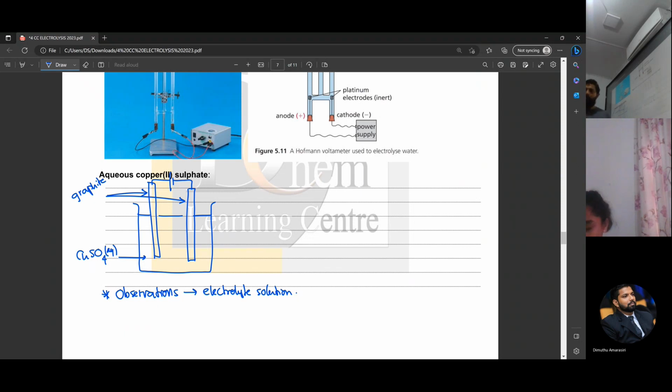So, the use of the graphite electrodes in electrolysis: as we have given in the definition, they do not take part in the reaction. They don't react, the graphite.